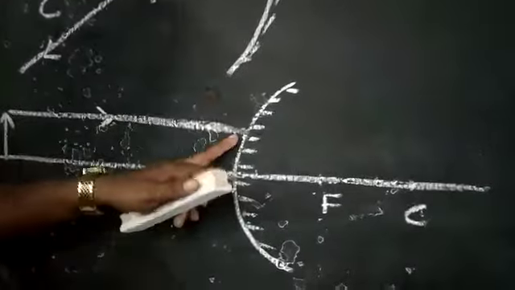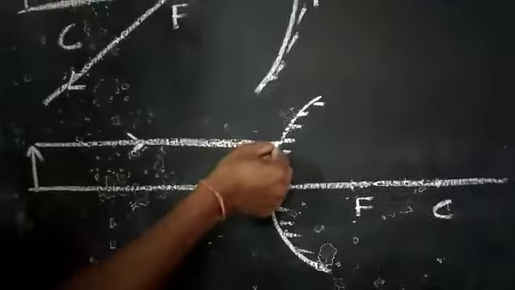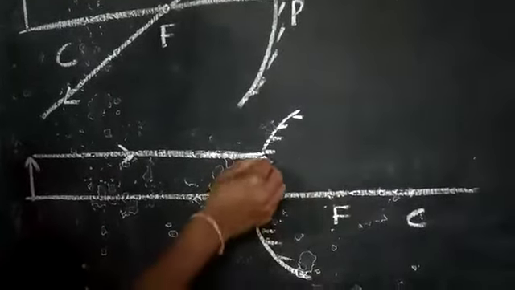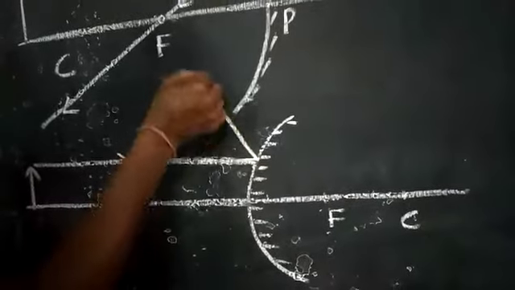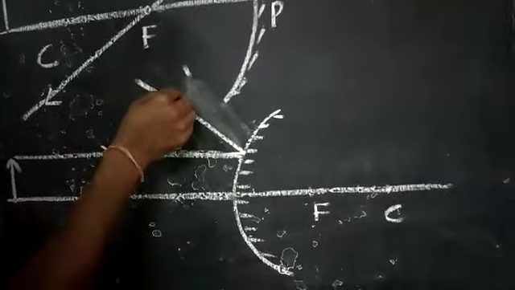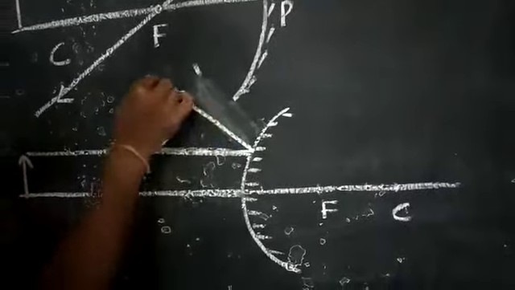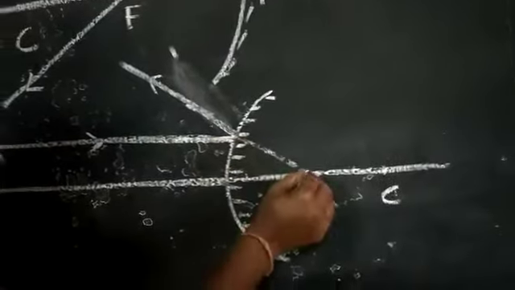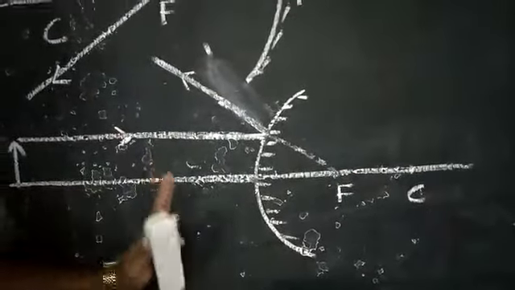After striking the mirror, it appears to come from the focus. That means it diverges like this, and when we draw it backwards, it appears to be coming from the focus. This is the first rule for obtaining the image.